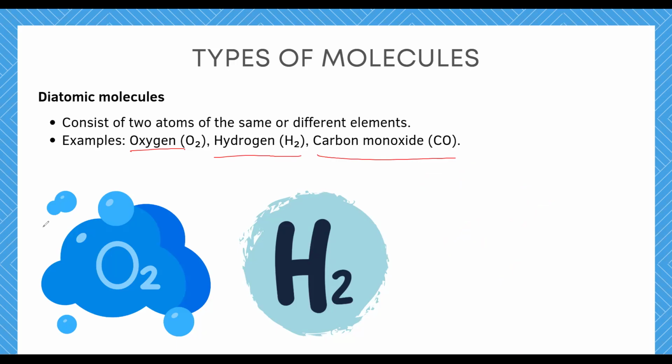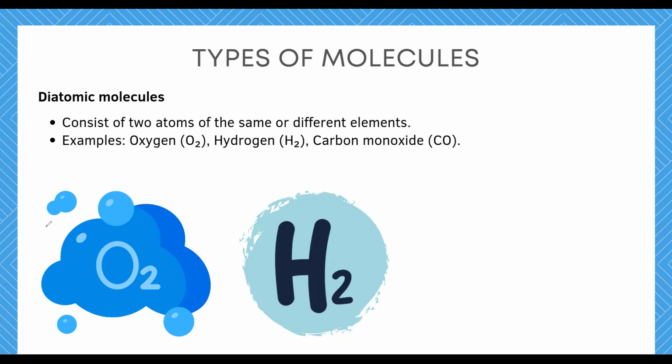Now, David and Dominic, here is what I want you to do. For each of these examples, I want you to tell me for oxygen, how many atoms are there and how many elements are there. For hydrogen, how many atoms are there, how many elements are there. And then for this guy, how many atoms are there and then how many elements are there. Let's go. For oxygen, there is one element, two atoms. Very good. How about for the second one?